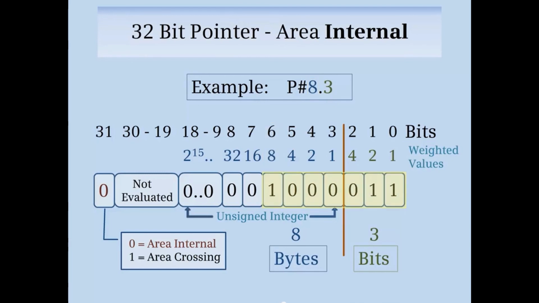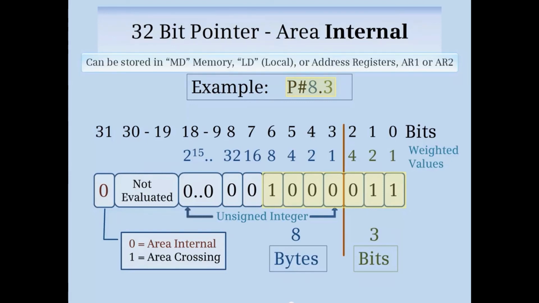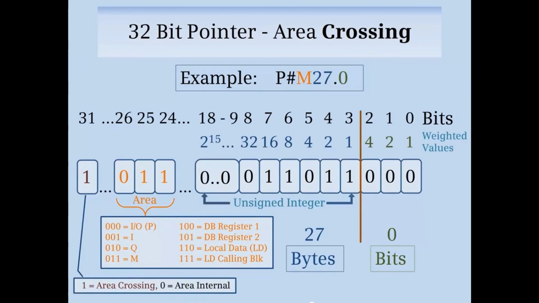This bit pattern would be the area internal address P#8.3. This address could be stored in a memory double word, local variable double word, or in address registers 1 or 2.